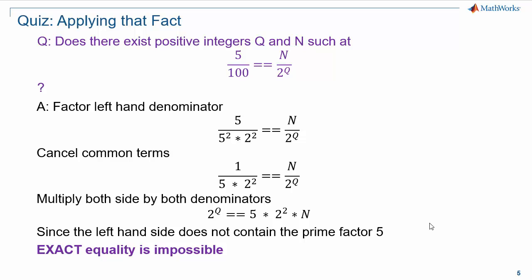It doesn't matter that we don't know what the integer n is. We see a 5, therefore the factors on the right side have a 5 and the factors on the left side don't have a 5. So it is impossible for this equation to be true. There's no n or no q that will make this equation true. Therefore, exact equality is impossible.